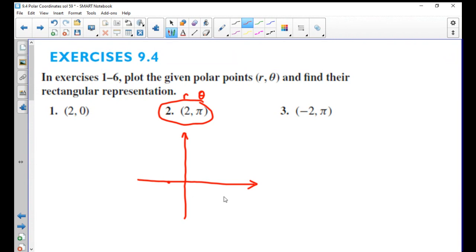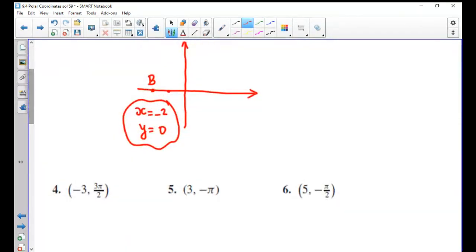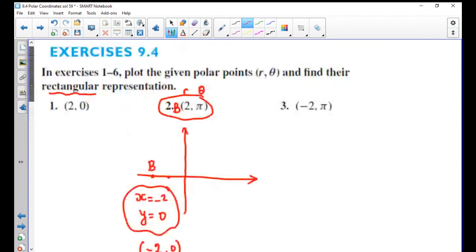So it's actually this point here. Yeah. So if I call this point B, say, B is here. And what are its rectangular coordinates? X is -2, Y is 0. That's it. So rectangular coordinates -2, 0, like this.